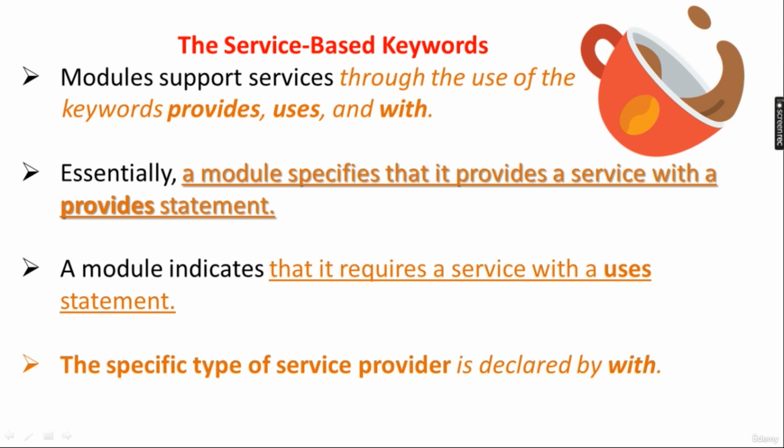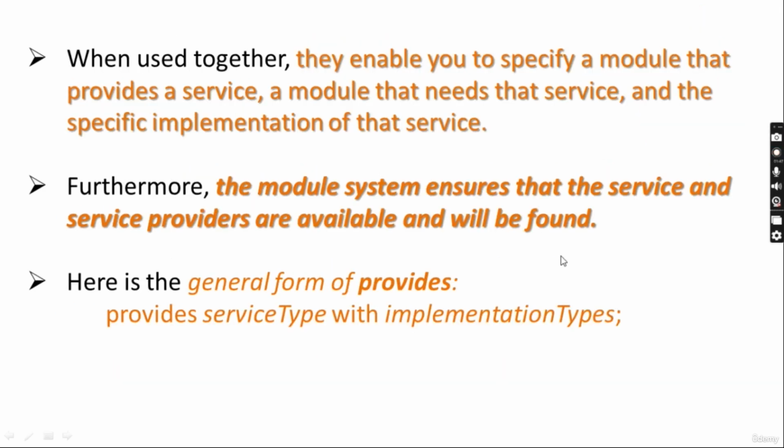Okay, so if a module is providing a service, it will use the provides keyword. If it is using a service, it will use the uses keyword, and a specific type of service provider is declared by the with keyword. When used together, they enable you to specify a module that provides a service, a module that requires a service, and the specific implementation of that particular service.